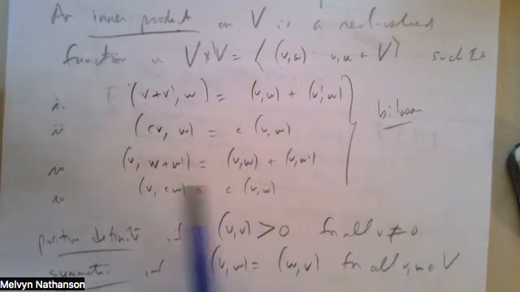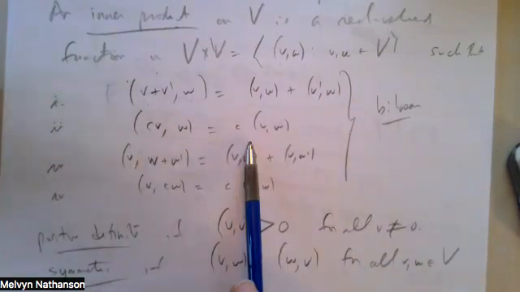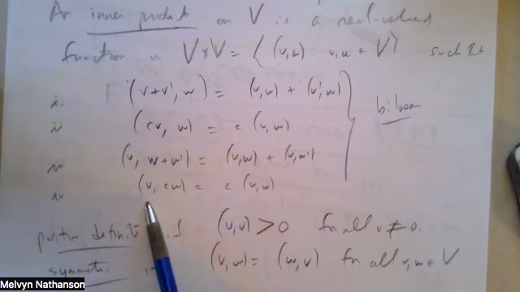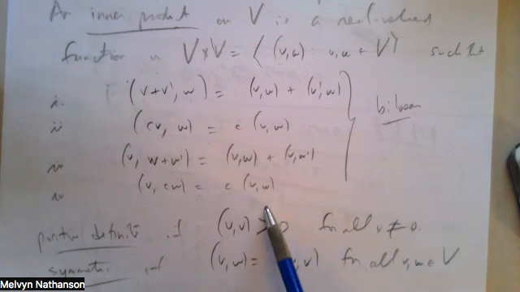And it is bilinear. That means if you fix the second coordinate and look at this inner product just as a function of the first coordinate, it's linear. And if you fix the first coordinate and look at this inner product just as a function of the second variable, it's also a linear transformation. So that's what an inner product is.